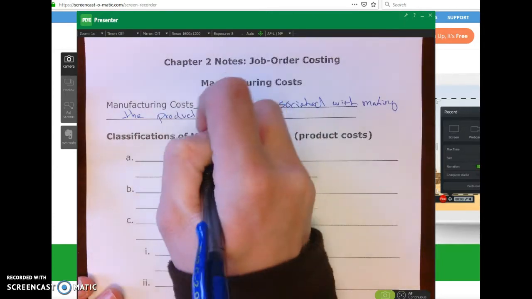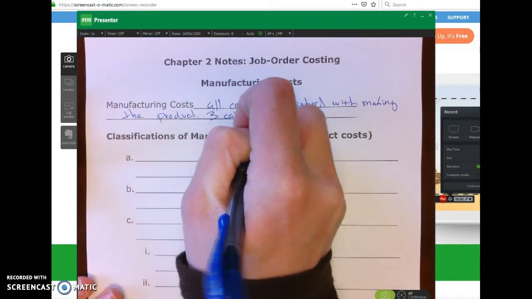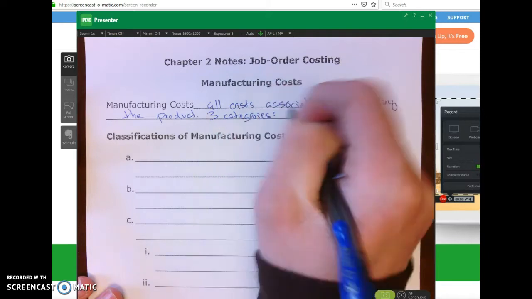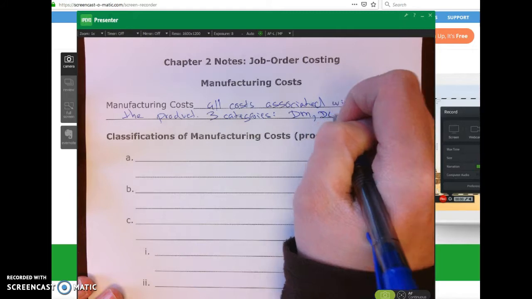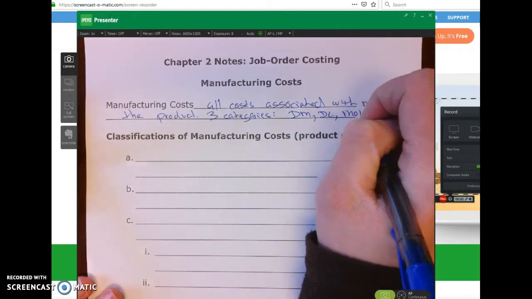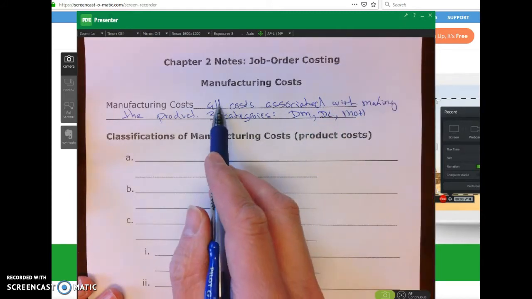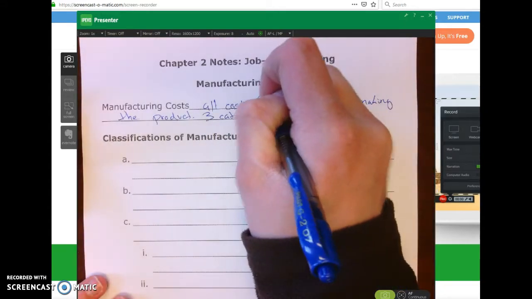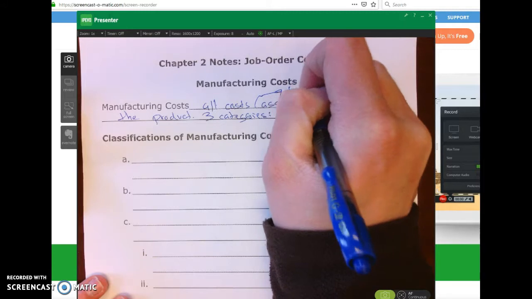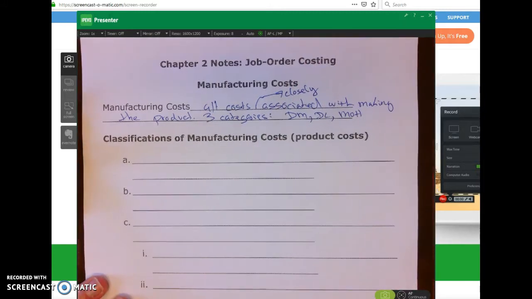There are three categories: direct materials, which I abbreviate DM, direct labor, DL, and MOH, manufacturing overhead. Again, manufacturing costs are all costs closely associated with making the final product.